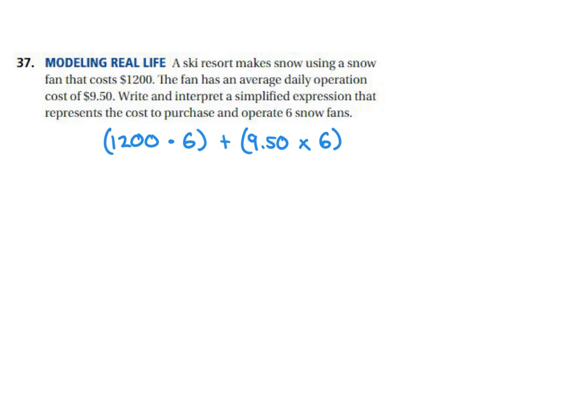So we'll do 1,200 times 6. That's 7,200. And up here, I'm actually going to add in the variable D for days. $9.50 per day. $9.50 times 6.